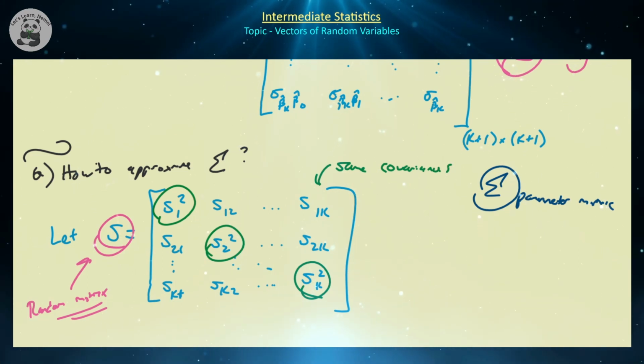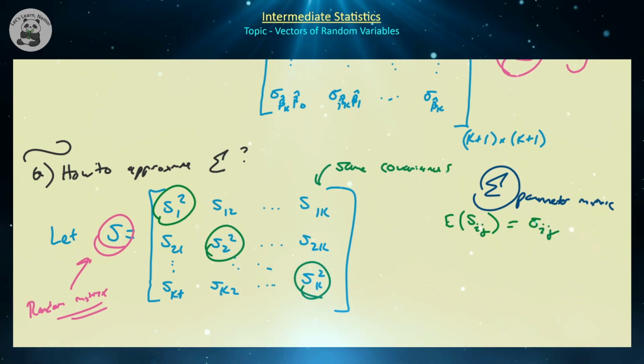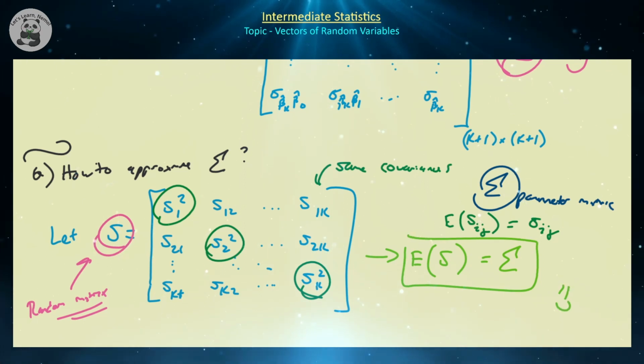So, as you should already know, the expected value of Sij is equal to sigma ij. So if you apply the expected value on every element of this random matrix S, then one should be able to easily prove that the expected value of the sample covariance matrix is actually equal to the parameter matrix sigma. And that is a very, very beautiful result.